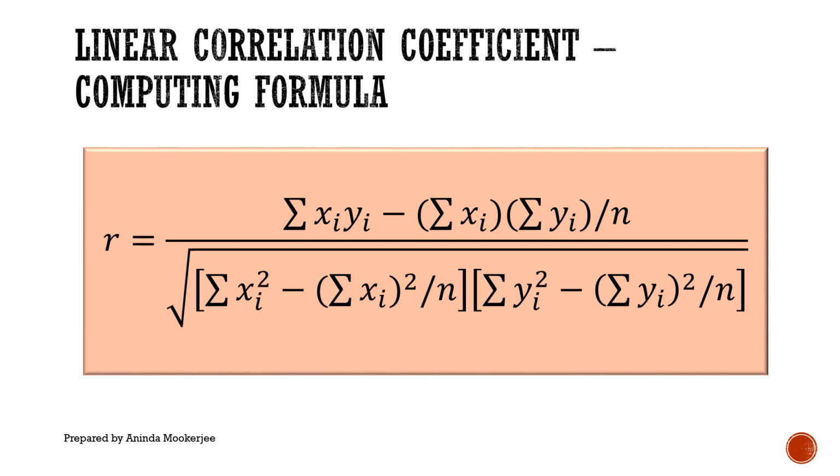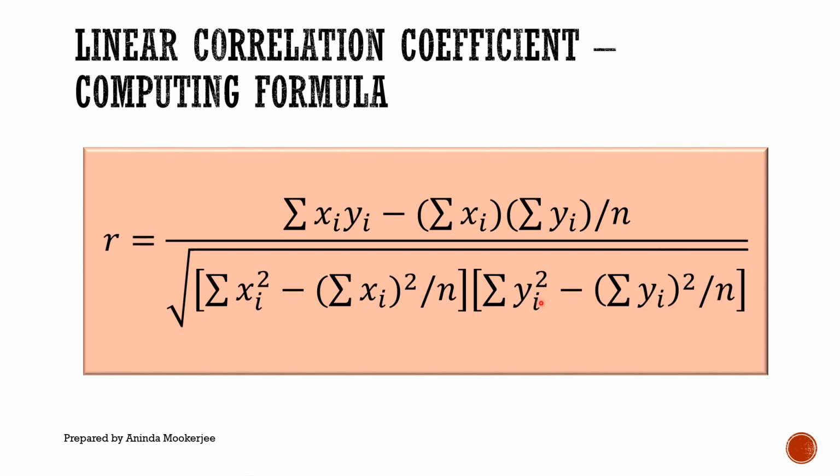Here's the computing formula to calculate R, the linear correlation coefficient, which is sigma x times y minus sigma x times sigma y divided by n. That's the numerator, and then in the denominator we have square root over sigma x squared minus sigma x whole squared divided by n, multiplied by sigma y squared minus sigma y whole squared divided by n.